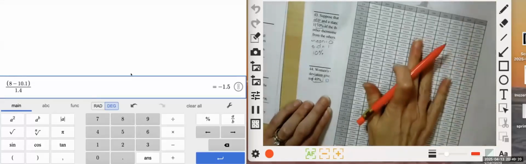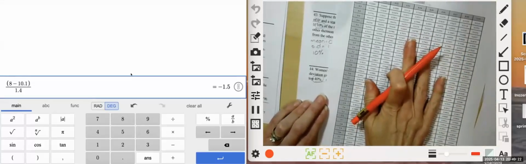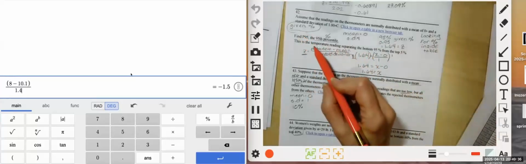Anytime we're given the percent, look inside. Inside. Okay. Given percent, inside table.